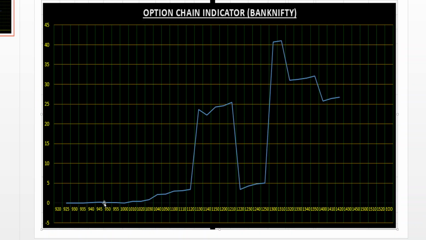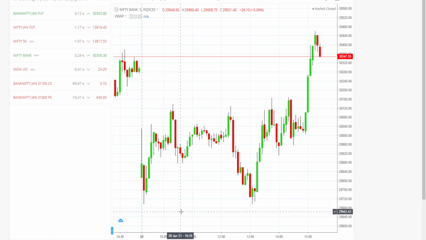The indicator did not show anything there, and all of a sudden at 11:30 closing price, there was a huge spike in the indicator. Let us see what happened in the chart.